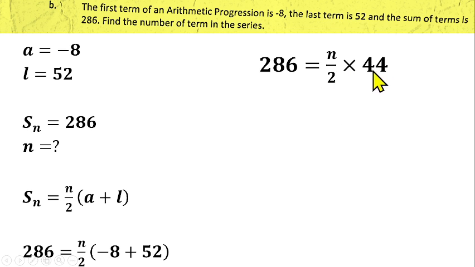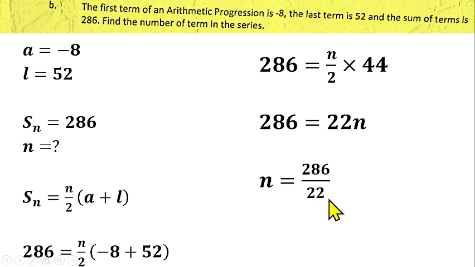Then 2 goes into 44, that gives us 22. So you have 286 is equal to 22n. So we can divide both sides by 22 now. That will give us n equal to 286 divided by 22. So you'll have n equal to 13.